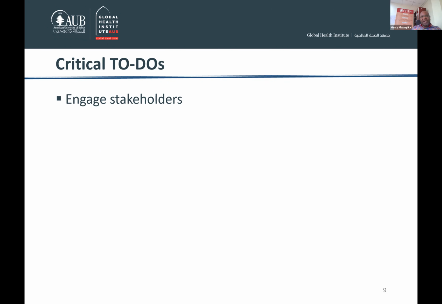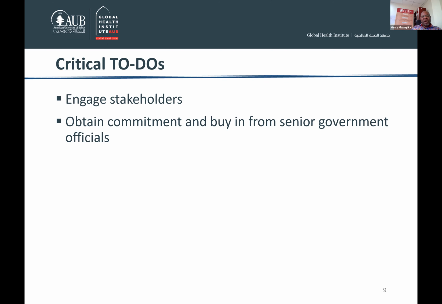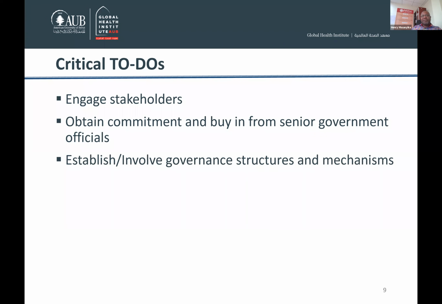This is important because at the end of the day, when senior government officials make investment decisions, they need to understand what they are going to get in return if they make a certain investment. So to get their commitment and buy-in is extremely important when it comes to successful implementation of your strategy.